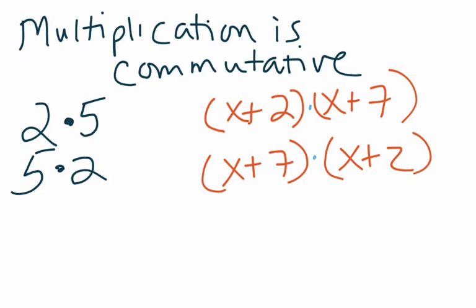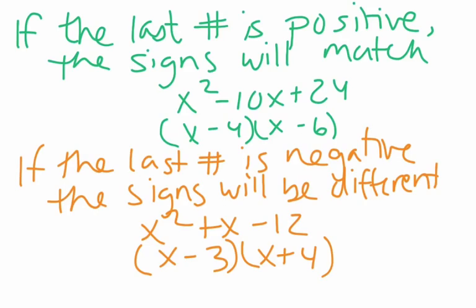Now, there are a couple of little things that you'll notice as you do lots of factoring problems. You'll notice that there are certain patterns that can help you reduce the number of things that you're trying to guess.